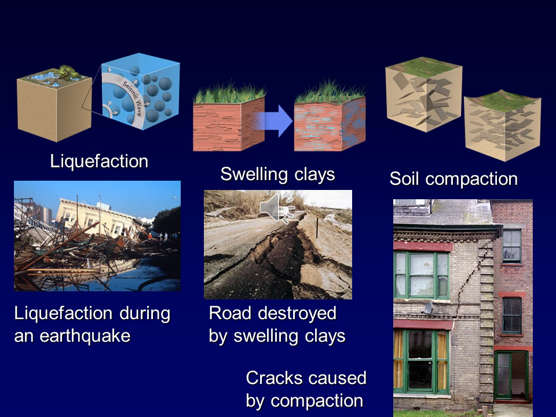Swelling clays. The image that's shown here is a road that's destroyed by swelling clays. Clays are essentially a bunch of little minerals that are loosely packed together, and they can hold quite a bit of water. This is not a compacted clay, right? When we're talking about permeable and impermeable layers, we talk about compacted clay as being impermeable.